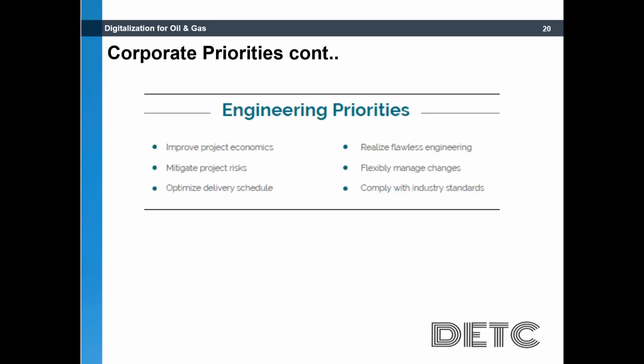And the corporate and engineering priorities, which are very well known, is to improve the economics, mitigate risks, and enhance the delivery of projects on schedule and within budget, and enable flawless engineering and operations with the ability and agility for the change management practices and compliance with the government and regulatory authorities.